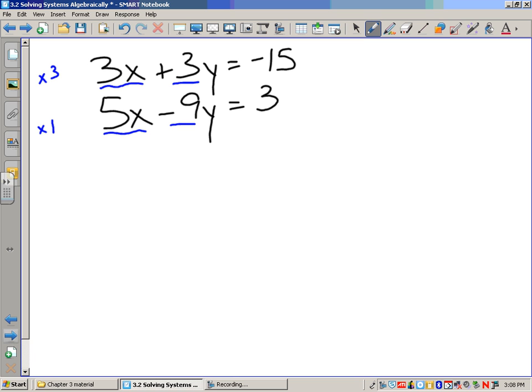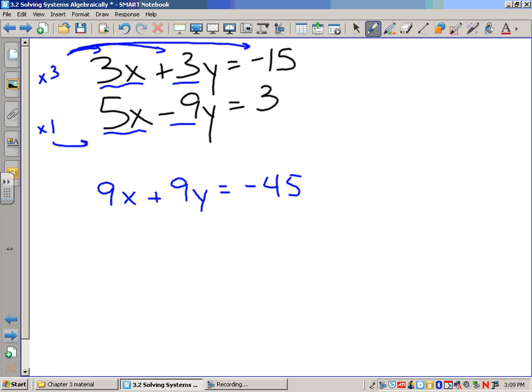So you multiply the whole equation, both sides, by that number. So you'd have 9x plus 9y equals negative 45. And if you're going to multiply by 1, that's just going to stay the same. 5x minus 9y equals 3. Now, when you're done with step 2, you should have positive and negative the same number in one of the columns.